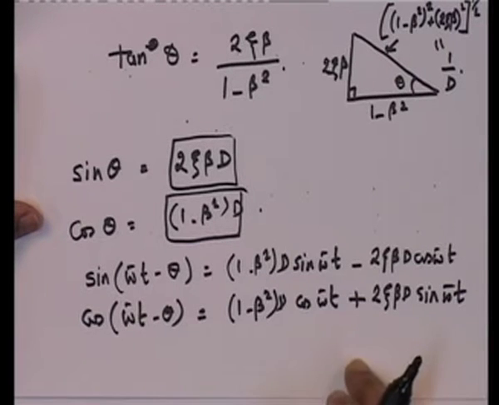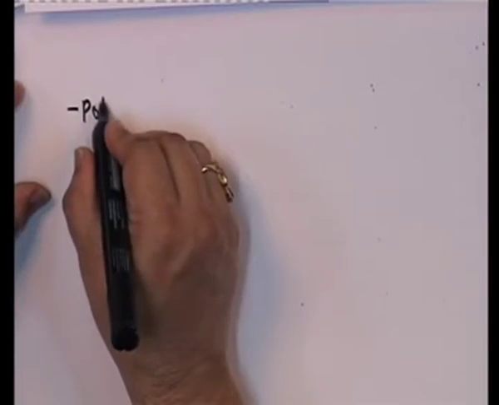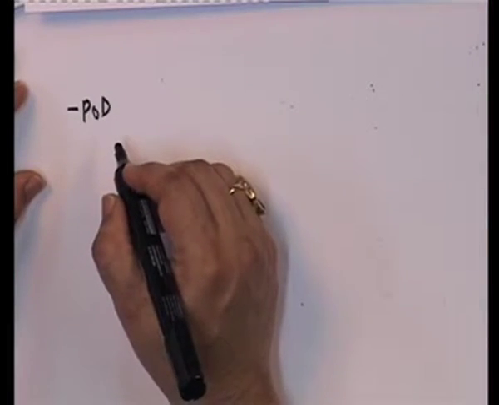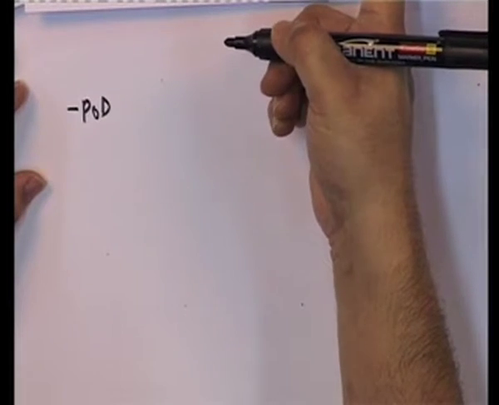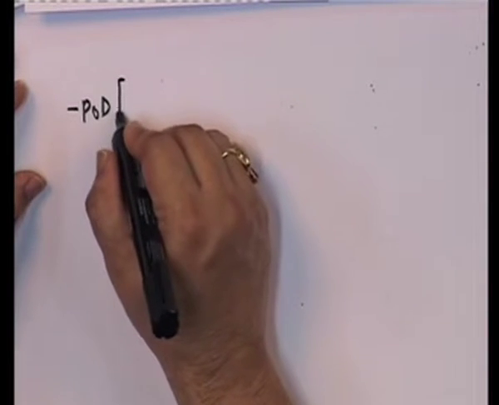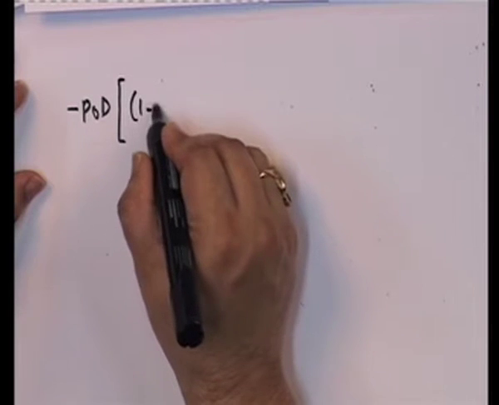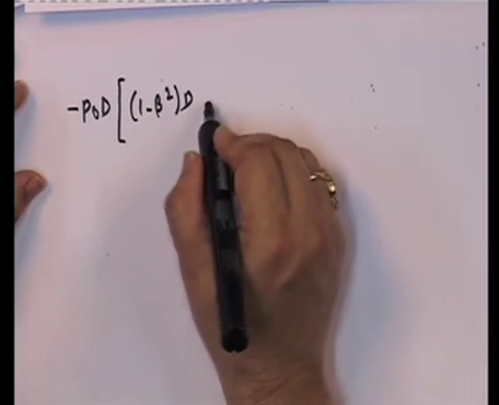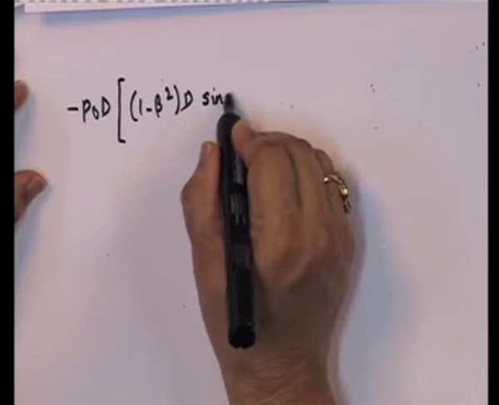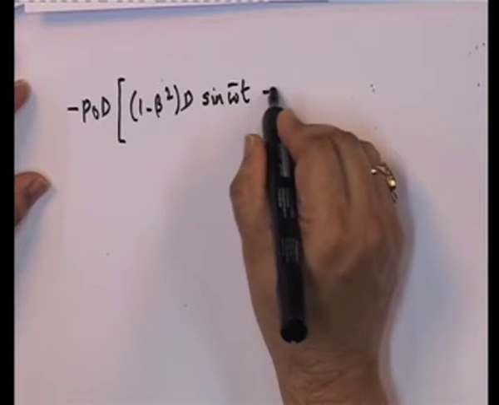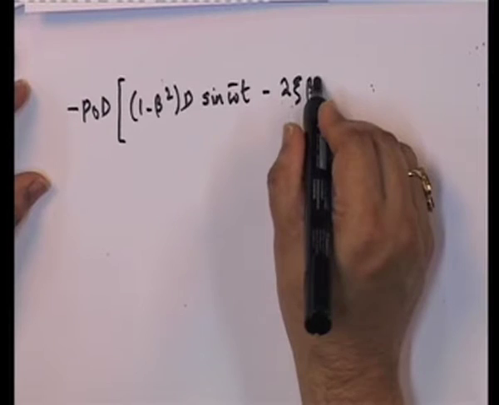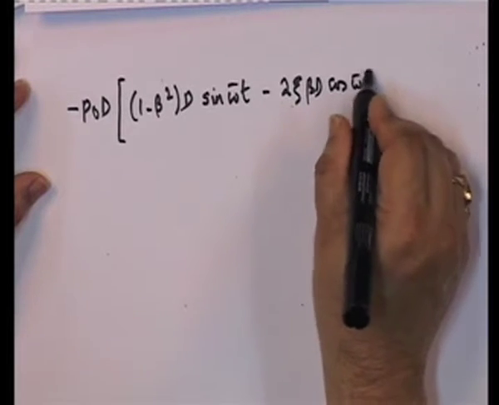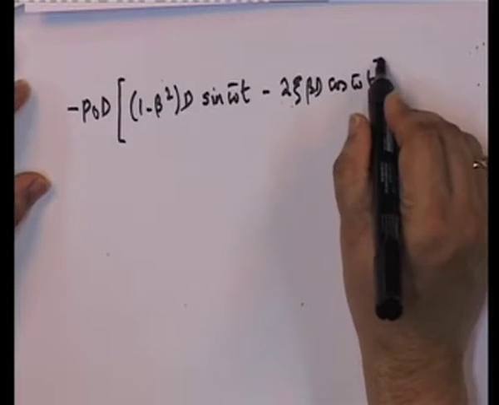So, this is what we get, and substituting this into the original equation, it becomes minus P naught d into sine omega bar t minus theta. This is what I am substituting, right. So, I am substituting 1 minus beta squared d sine omega bar t minus 2 xi beta d cosine omega bar t.